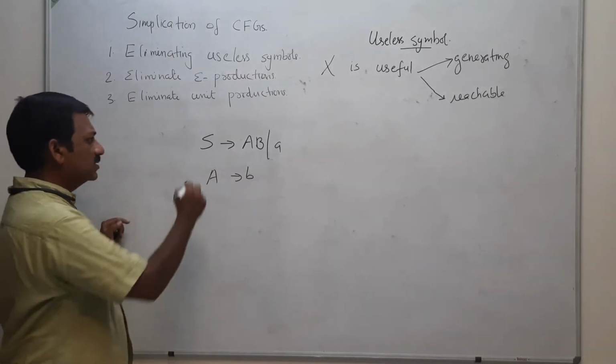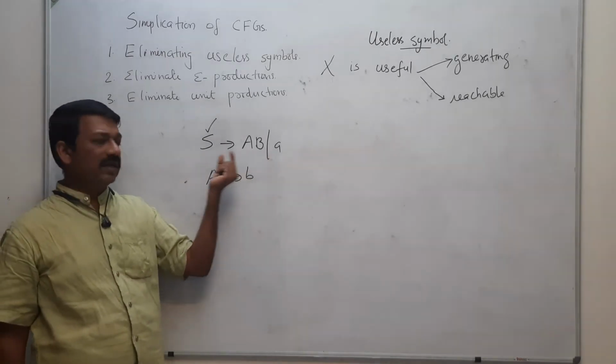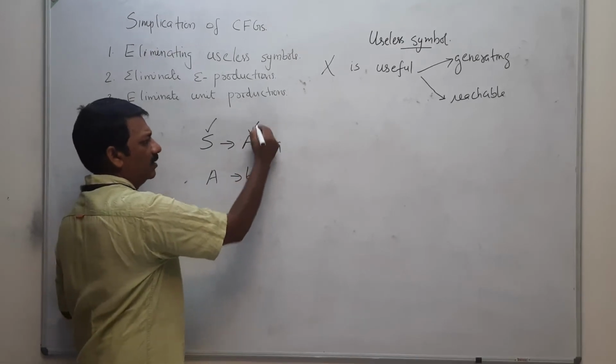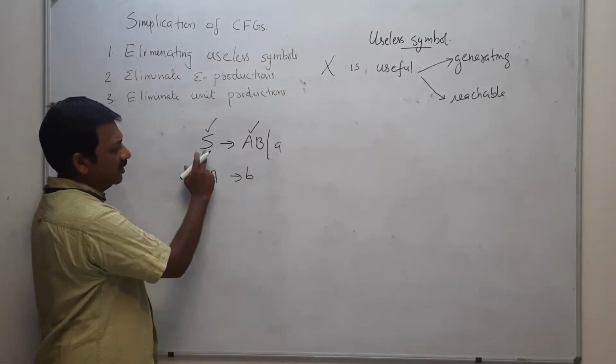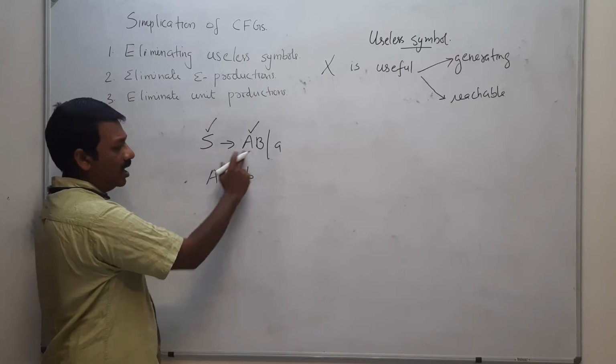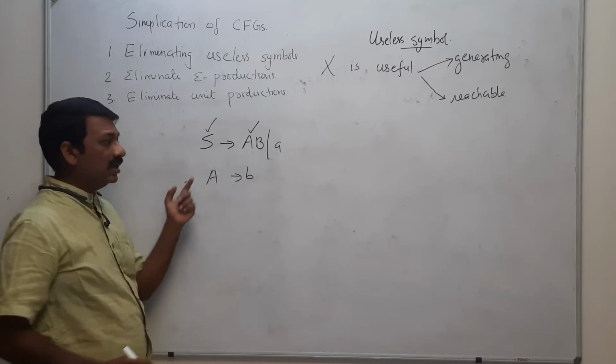Here S is the start symbol. The start symbol is generating and reachable from the start symbol. What about A? A is reachable from S. And A is generating b. That means it is both generating and reachable.